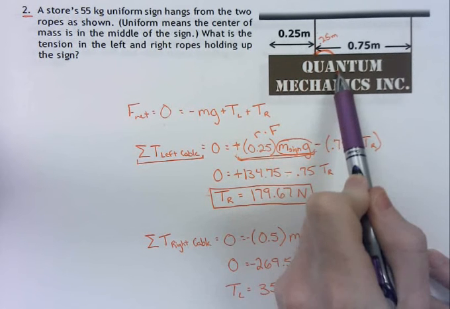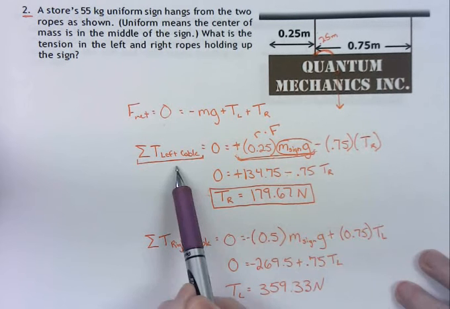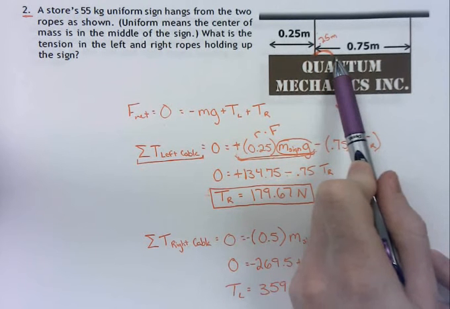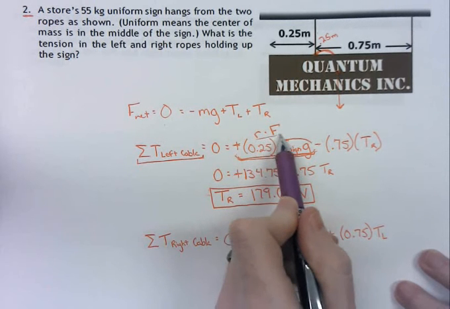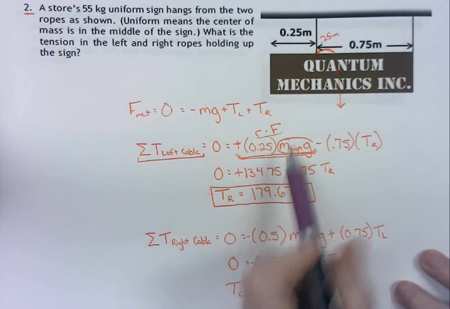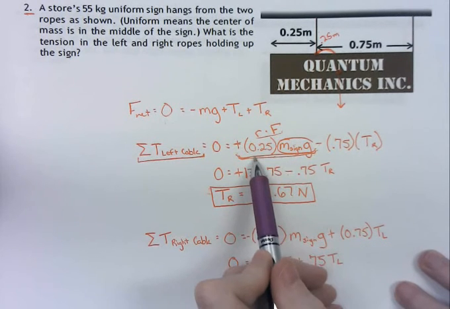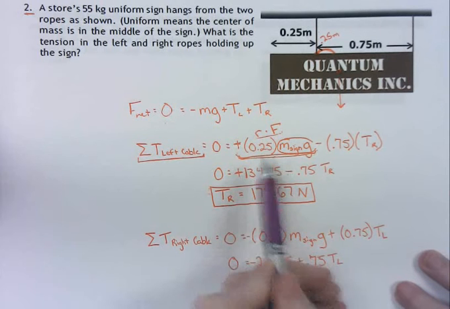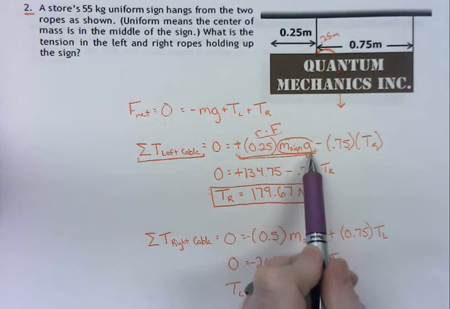That means the torque from the sign on the left cable is going to be another 0.25 meters away from that. So when we find the torque, which we know is just radius times the perpendicular force, and that perpendicular force is just going to be mg in this particular case, we would do 0.25, the distance from the left cable, times m of the sign, which is 55 kilograms, times g.